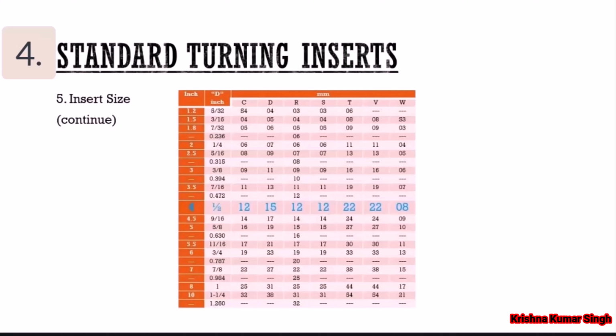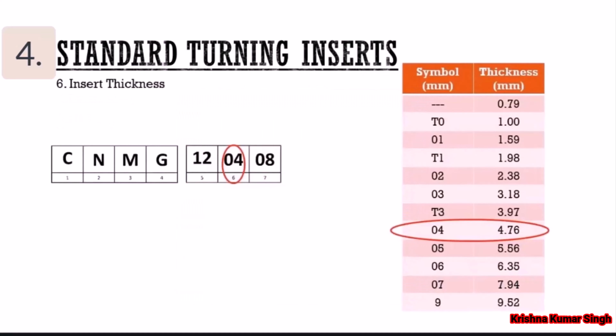For example, if the insert has a rhombus shape with an 80-degree angle, the shape code will be C. If the insert's inscribed diameter is ½ inch, the size code in inch coding will be 4, and in millimeter coding it will be 12, as shown in the table. Generally, a larger insert is considered stronger and capable of making bigger cuts, but it is also more expensive because it takes more material to manufacture.